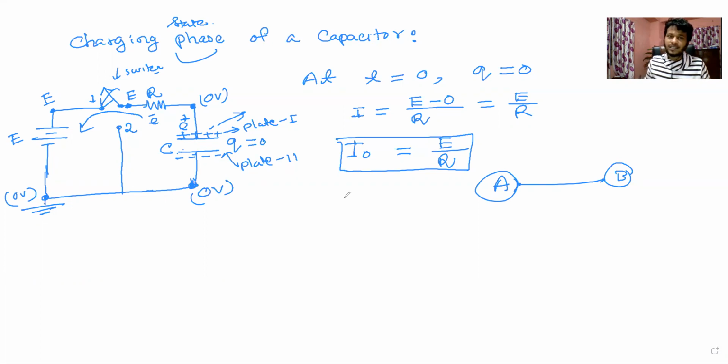Suppose the potential across this capacitor is referred to as Vc. Vc is the voltage across this capacitor, E is the voltage across this power supply. So as long as Vc is less than E, the transfer of negative charge will continue from plate 1 to plate 2, isn't it?